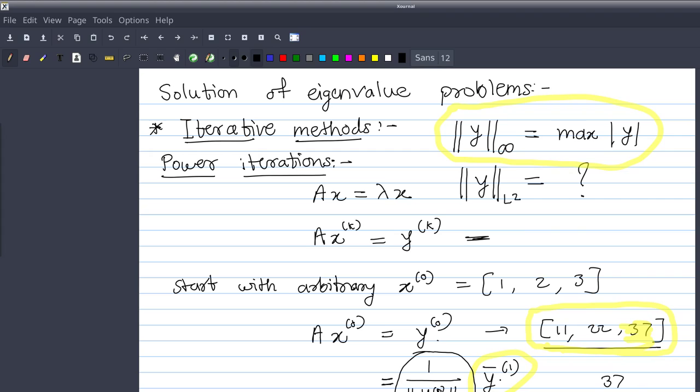And y1 bar will be x1. Now for the next step, that is our next iteration. If you are not satisfied, then you will continue with your iterations. Understood my point?